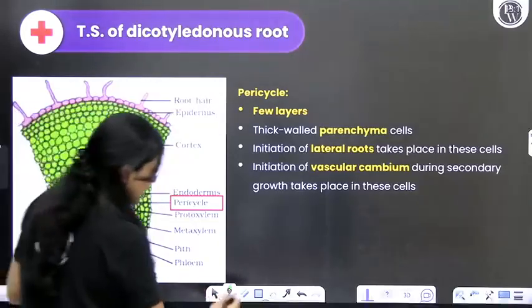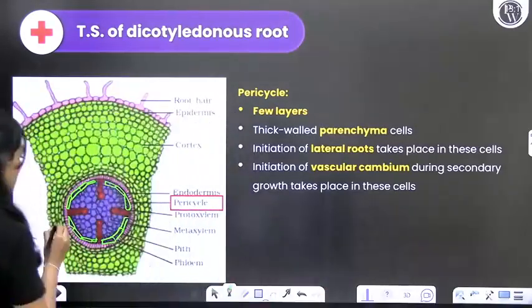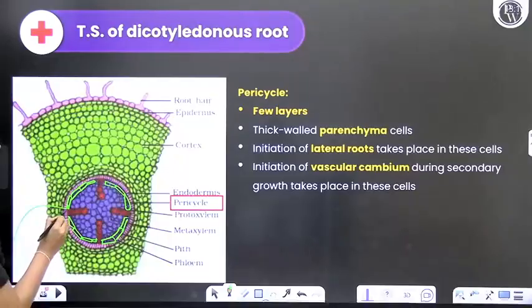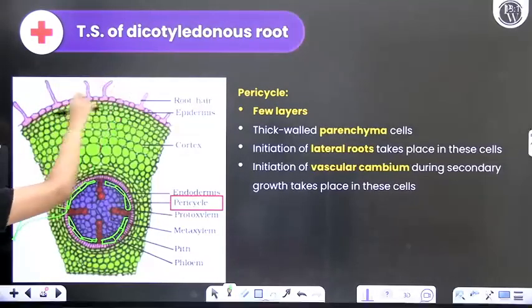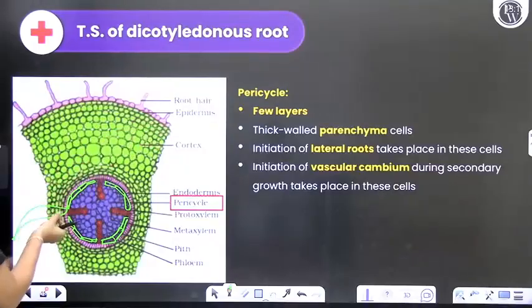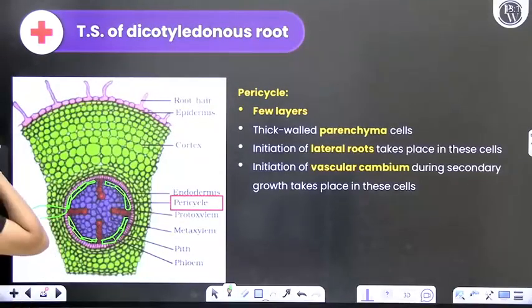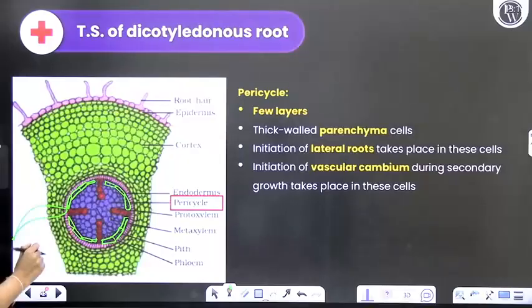So that will get initiated over here. So it will start arising from the pericycle. Like how epidermal hair arises from the surface superficially, but this will arise more deeply. So initiation of secondary roots or branches of roots will happen from the pericycle. That is one important point.